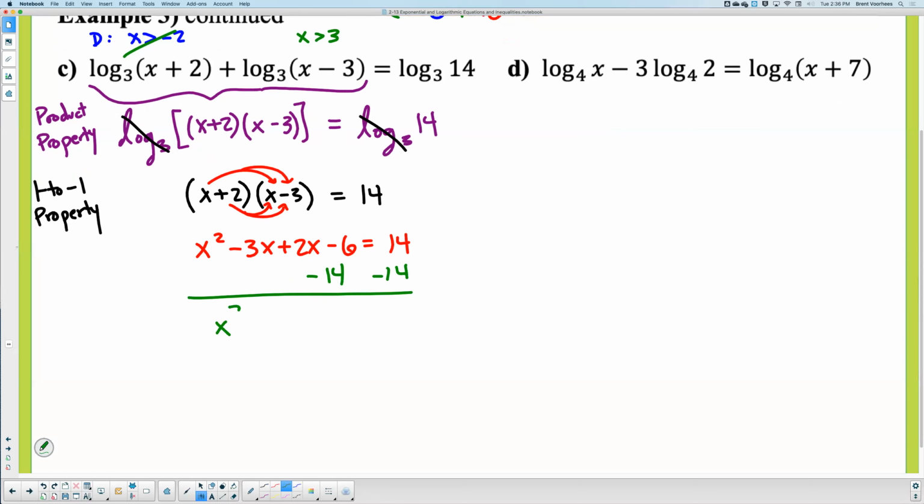So I will have x squared. I can combine these two terms right here. I have a -3x plus 2x, which becomes -x. And then I have this -6 minus 14 more. And all that equals 0.